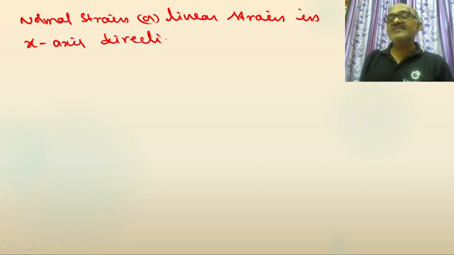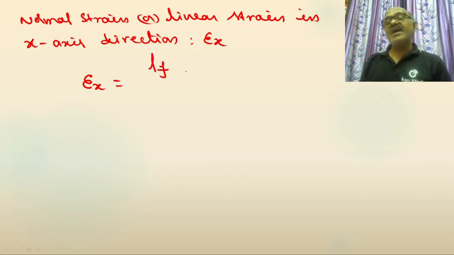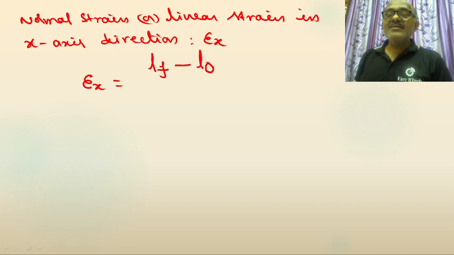The normal strain or linear strain in the x-axis direction is given by epsilon x, that is equal to the final length of the line element A dash B dash minus the original length of the line element AB, divided by the original length of the line element AB.